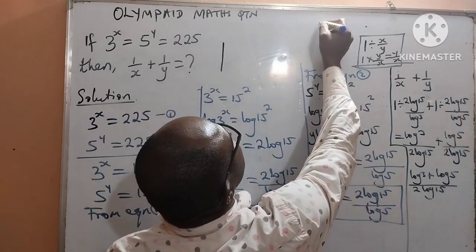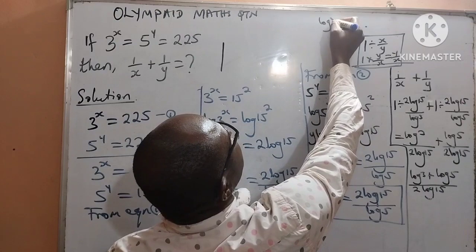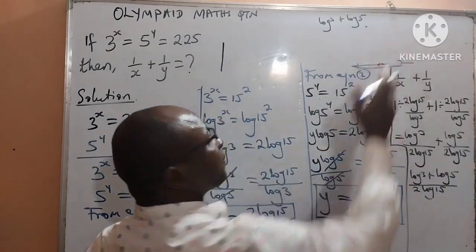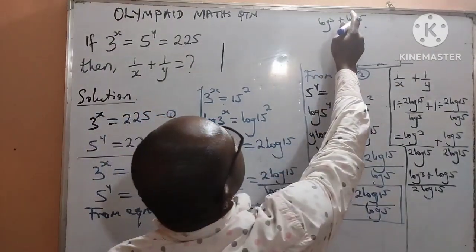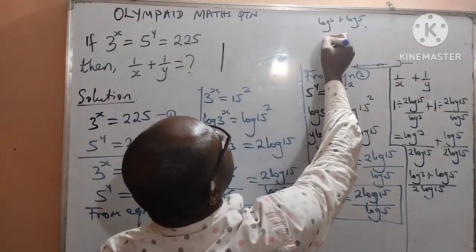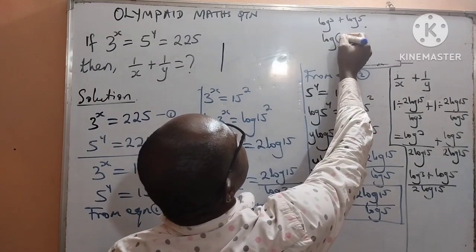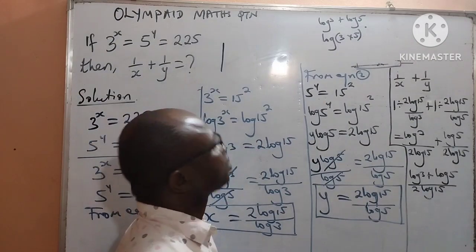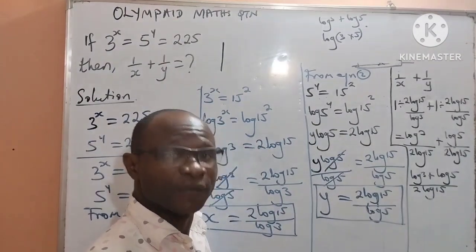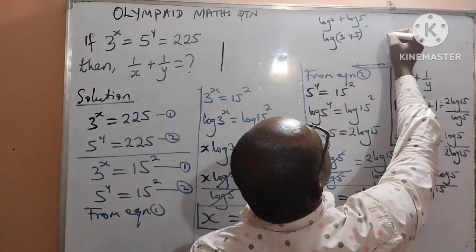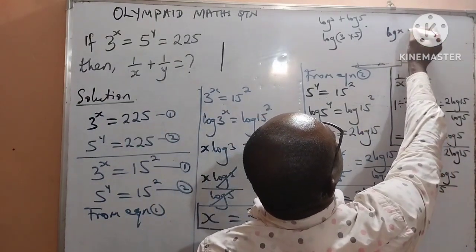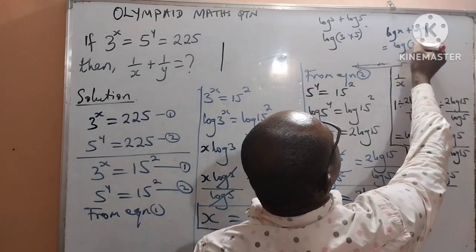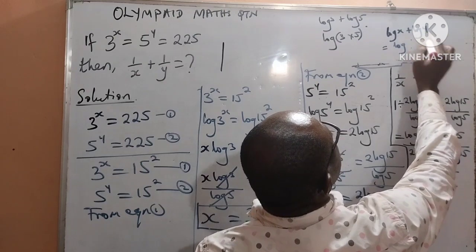Now look at this again. If I have the log of 3 plus the log of 5, by law of logarithms, this is the same thing as the log of 3 multiplied by 5. Why? Because by the addition law of logarithms, we are told that if you are given log x plus log y, it is equal to the log of x multiplied by y.